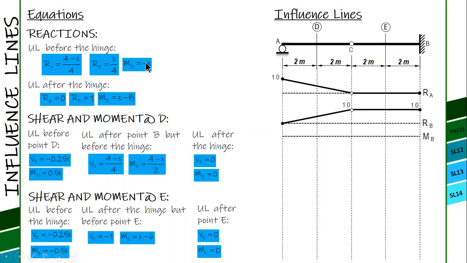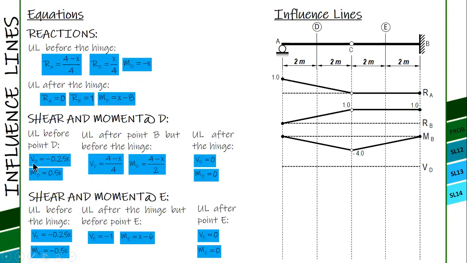For MB, it is negative X. So 0 when X is 0, and when X is 4, negative 4. And then there, when X is 4, that is negative 4. When X is 8, that is 0. So that is the influence line diagram.